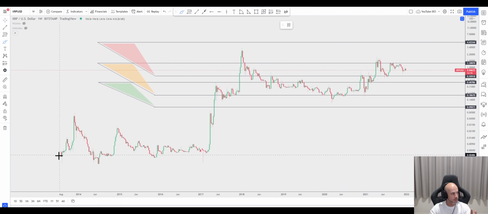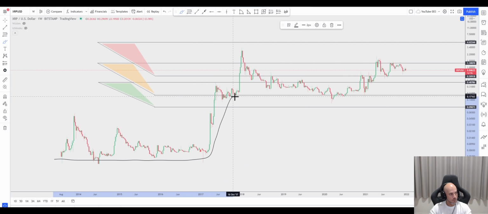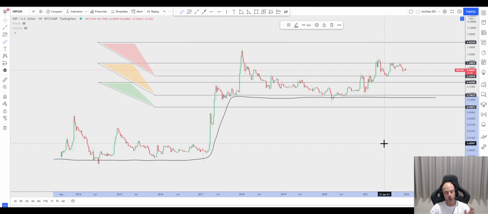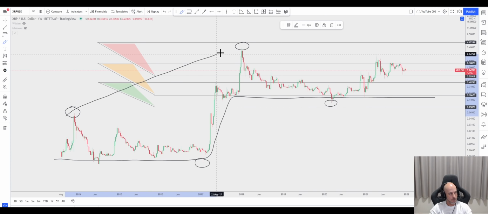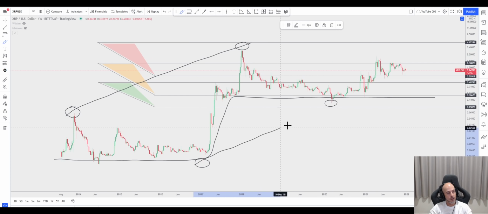So we have a bullish trend, which means previous high, higher high, previous low, higher low. It is not going to change anything, but let's use this one. And higher low. So again, higher highs and higher lows.